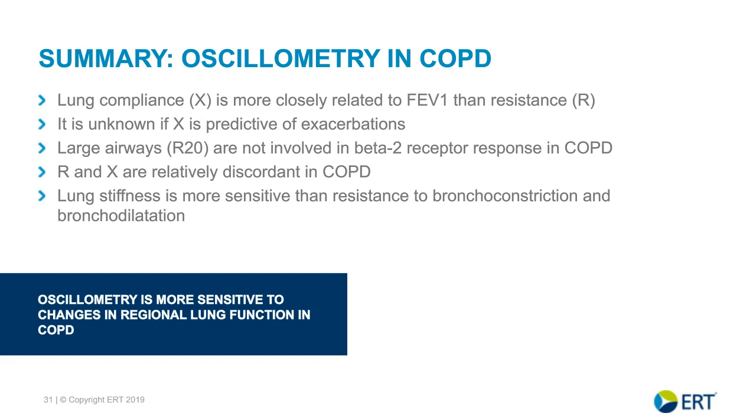My guess is that it would be highly predictive. The large airways, measured as R20, are not involved in differentiating COPD disease severity, and they're not involved in determining the response to beta agonists or muscarinic antagonists. As you've seen, in COPD, resistance and compliance are relatively discordant, whereas they're more concordant in asthma. And lung stiffness, as AX, is more sensitive than resistance in terms of measuring bronchoconstriction or bronchodilation.